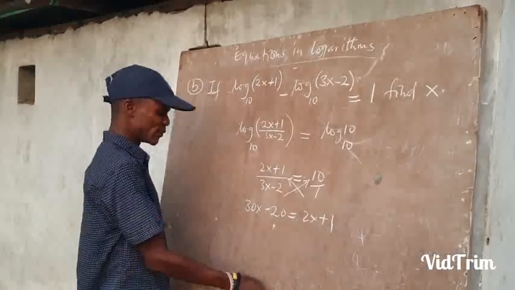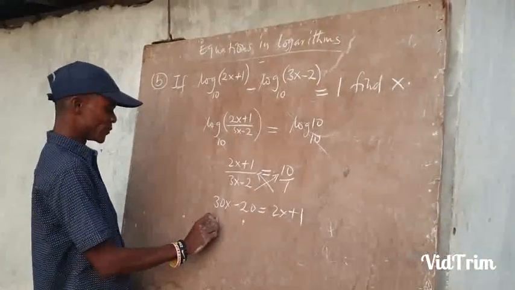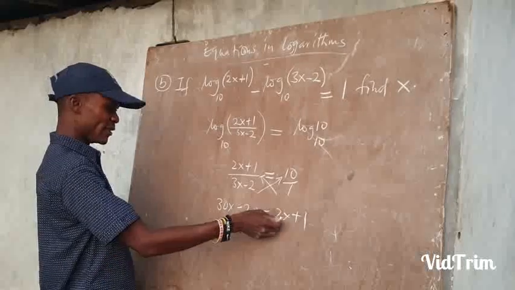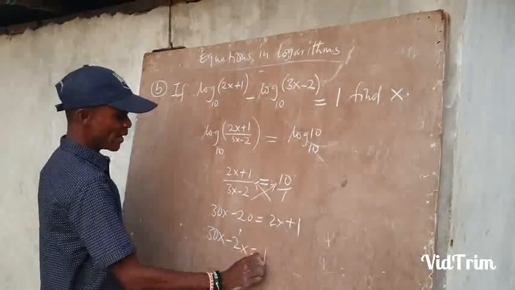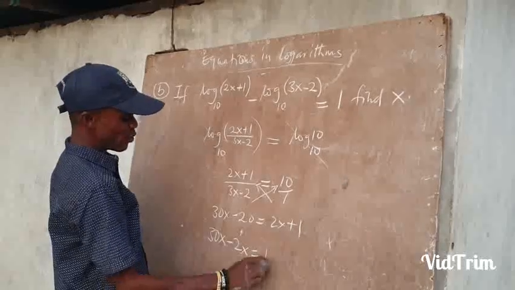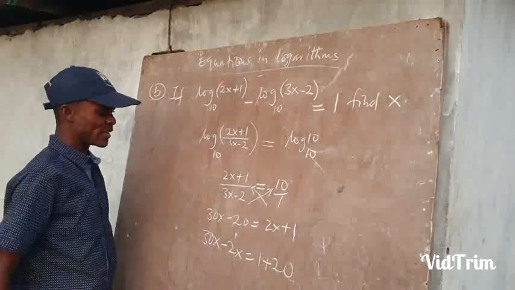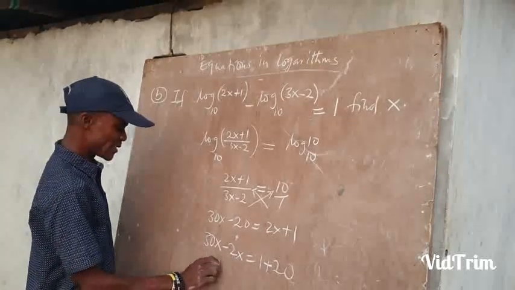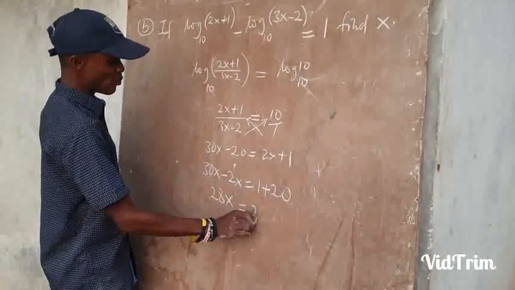Nothing changes. We now collect like terms. We put all the figures with x together. That is giving us 30x. The 2x crosses and becomes minus 2x. Equals, we have 1 here. When the minus 20 crosses there, it becomes positive 20. Now 30 minus 2 is 28. That is 28x, x is common. 1 plus 20 becomes 21.